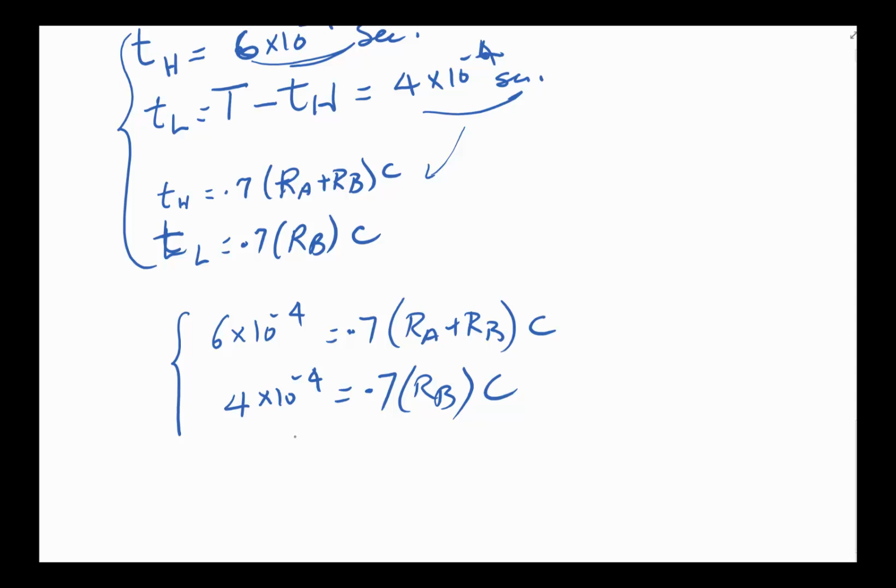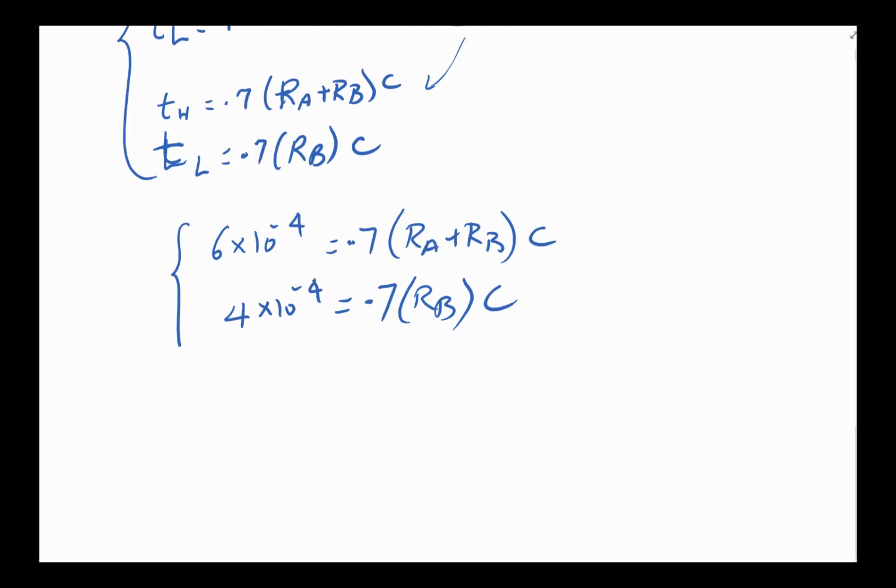This is called an under-constrained equation. We can come up with an infinite number of answers. Typically what we do, since resistors are easy to find, is we just pick a C. One microfarad is pretty common to pick, so let's say I pick a C that's 1 microfarad, which is 10 to the minus 6.